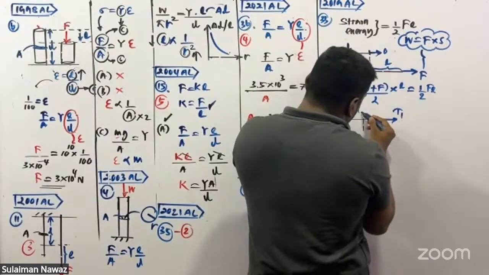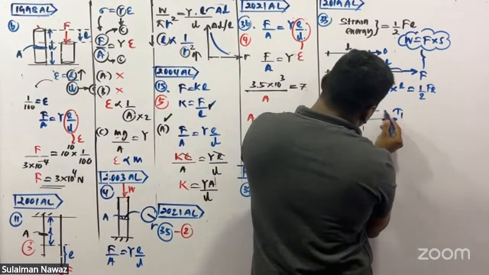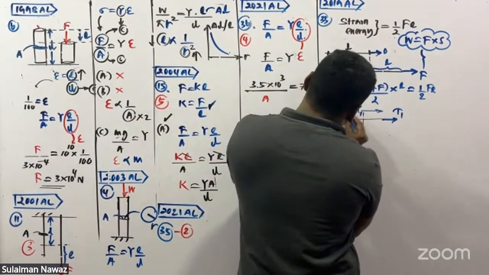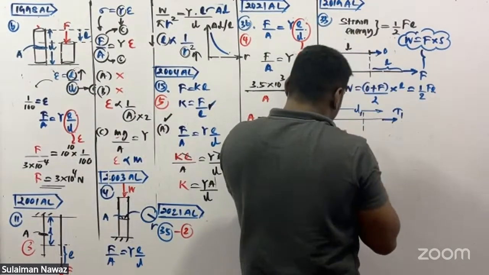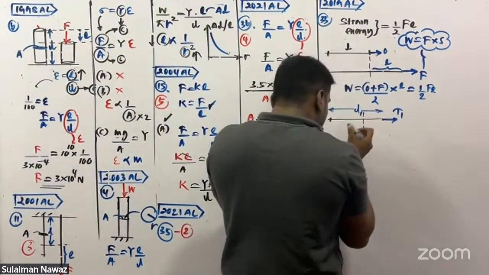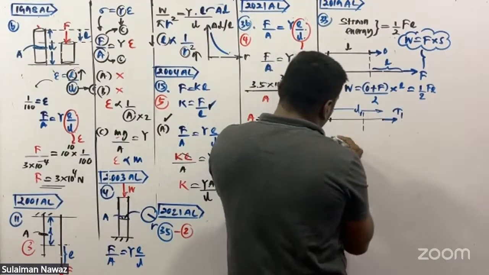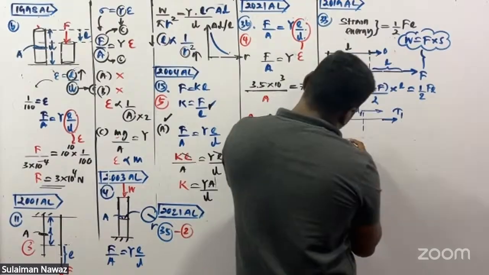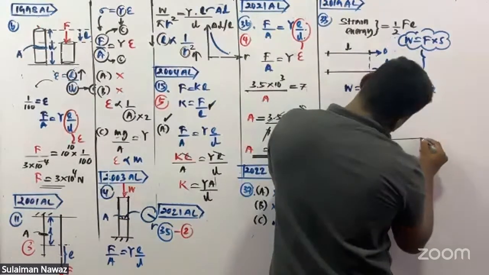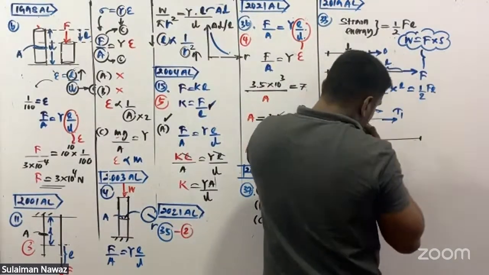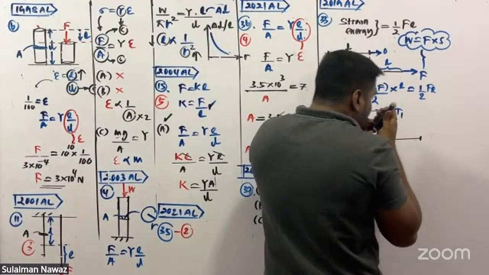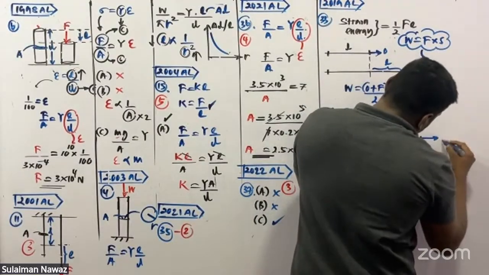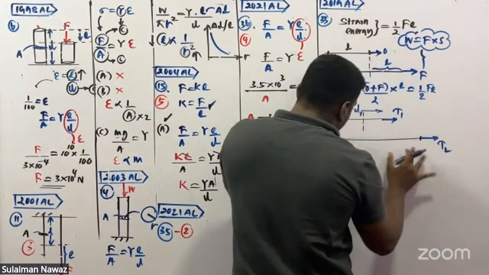The length changes from L1 to L2. So here the total length is given, not the extension. Initial length is L1 of the entire wire. When you increase the tension from T1 to T2, because T2 is larger than T1, the total length of the wire is L2.